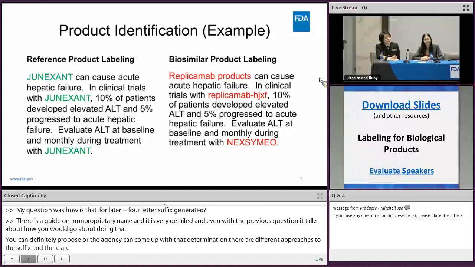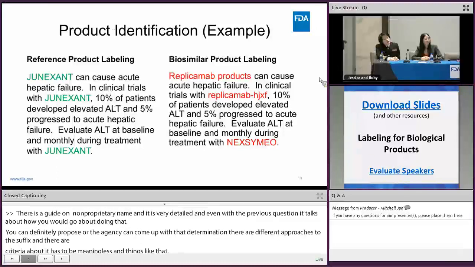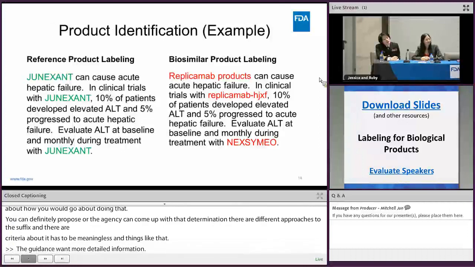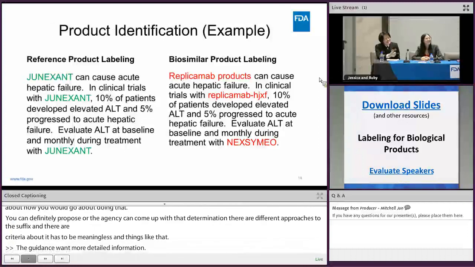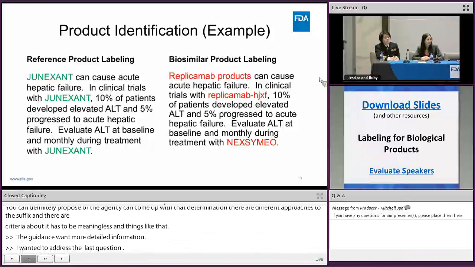All right, we've got time for one last question, please. Hi, good morning. This is Danielle Harris from the Division of Medication Error Prevention and Analysis, DMEPA. I just wanted to address the last question. First of all, in terms of the timing of the suffix, we are targeting to get suffixes reviewed or designated by mid-cycle or shortly thereafter with regard to the biologic review timelines.